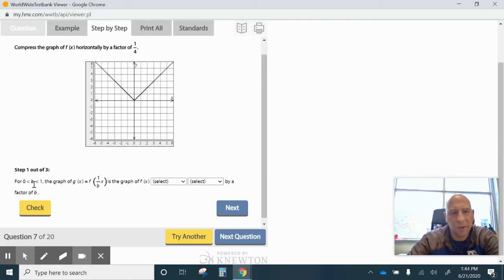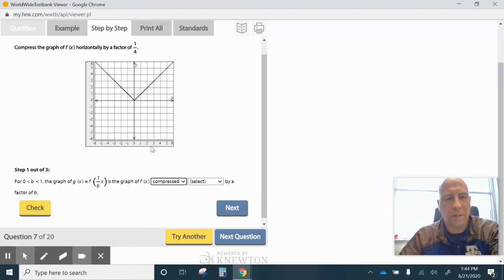So it says for 0 is less than b less than 1, the graph of g of x equals f of 1 divided by b of x is the graph of x. So it's a horizontal, so we know that that is greater than 0 but less than 1, so that is a vertical, or I'm sorry, horizontal compression.